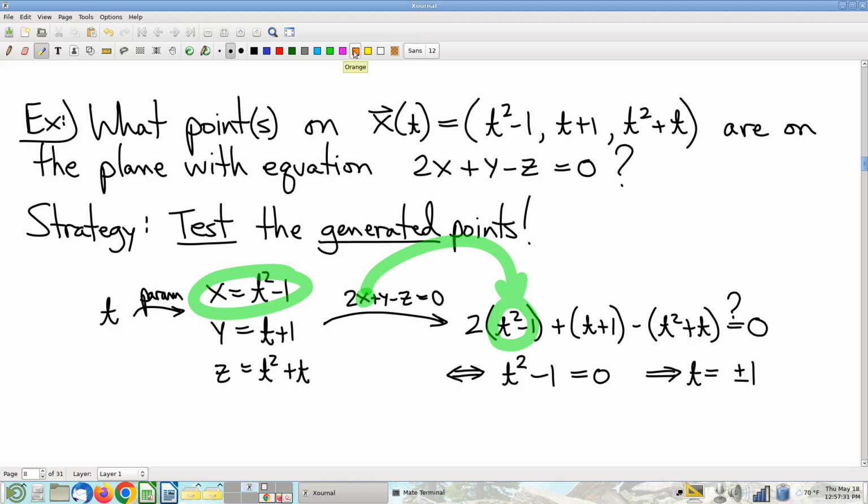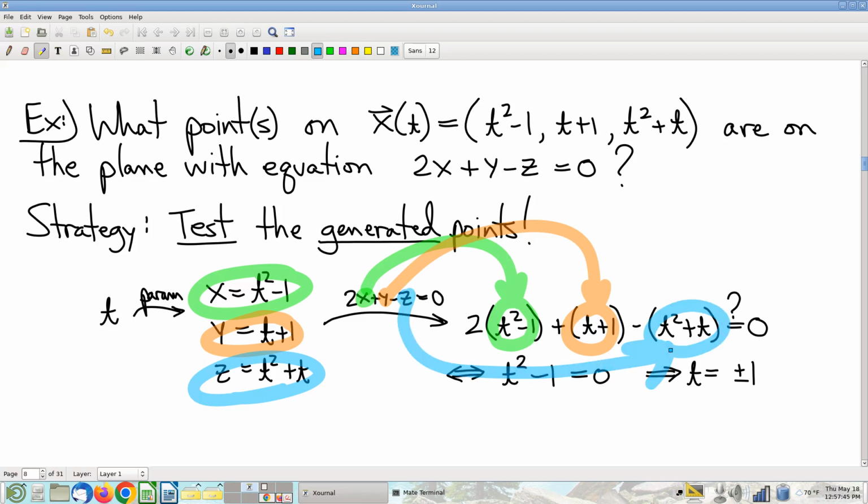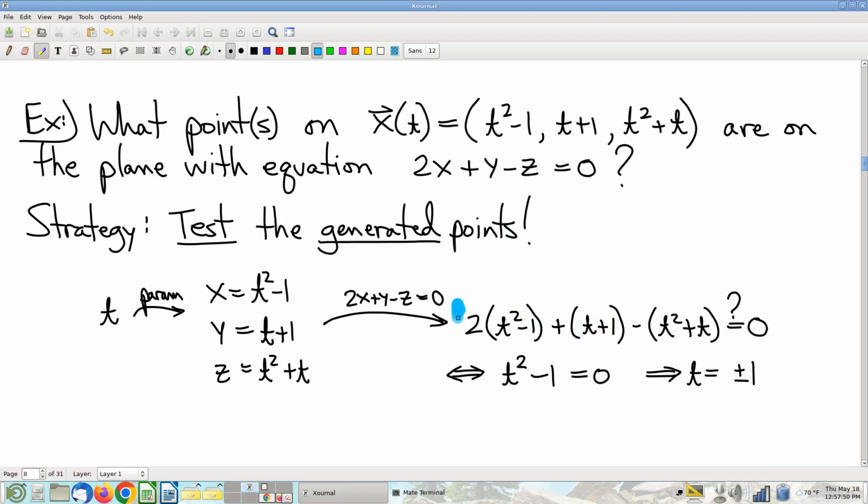And then the y goes where the y is in the test, which means that y becomes t plus 1. And then I'll use blue: z goes there, which goes there. So all together, my big test of the parameterized points gives me this equation. This is the equation I need to be true in order for everything to work. That's just a little bit of algebra: multiply out, collect terms, cancellation. You end up with this, which is easily solved to give you this. And that's the value of t.